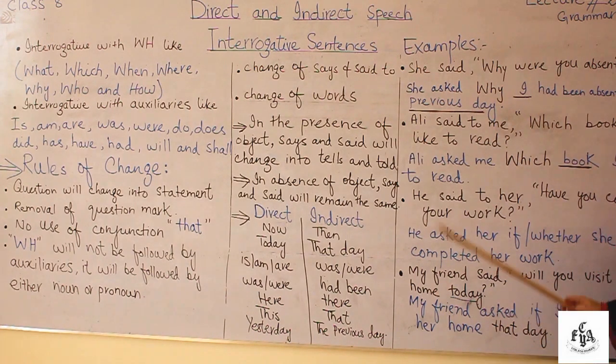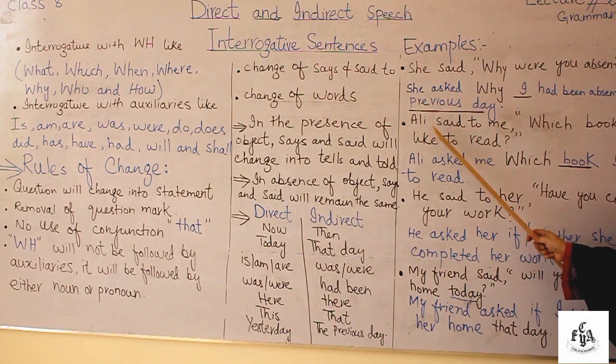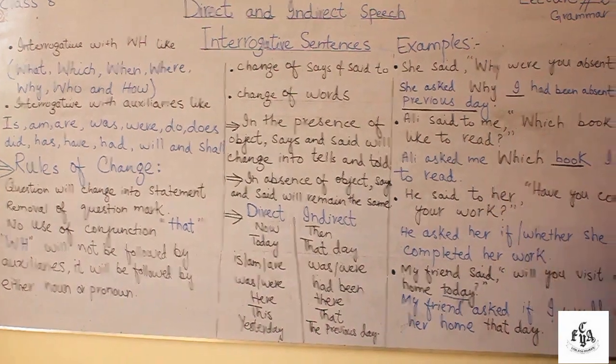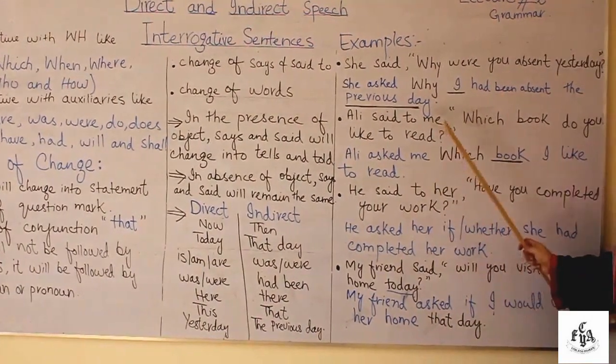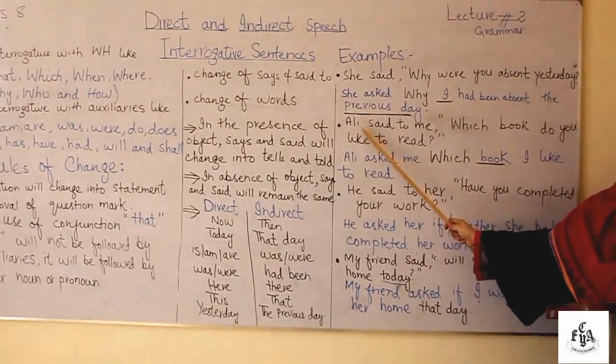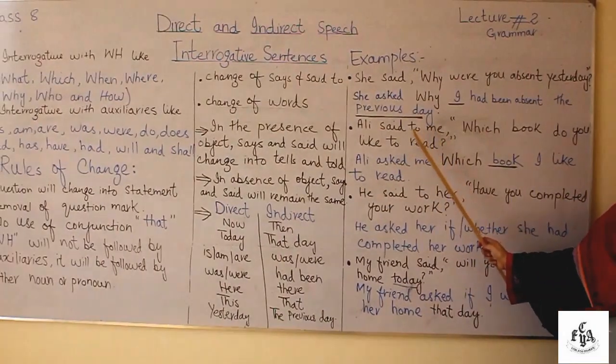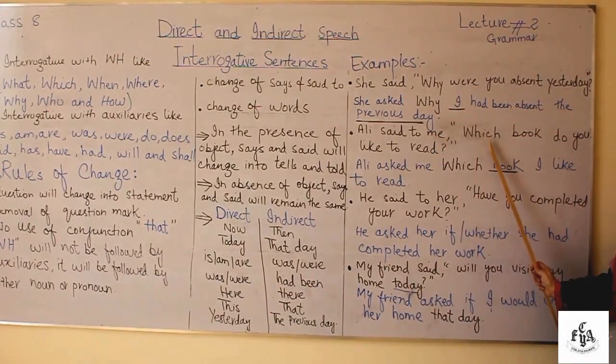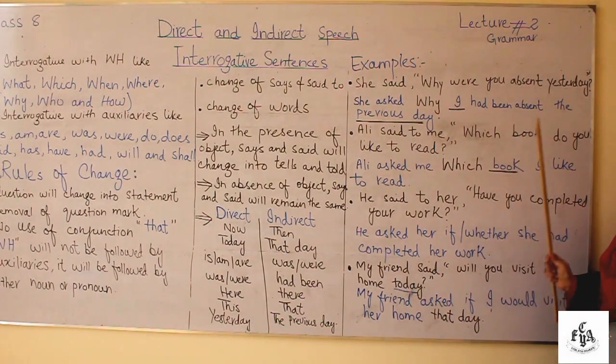Now we are going to discuss another example. Ali said to me, which book do you like to read? Now here you have to focus on this sentence. In the reporting speech we are having an object. Again WH is given, and along with WH we are having an auxiliary as well: do you like to read?